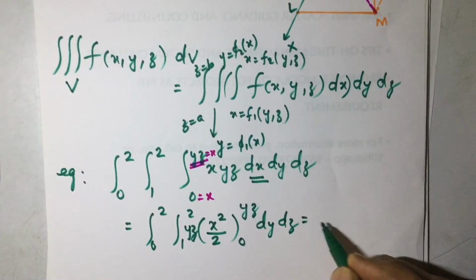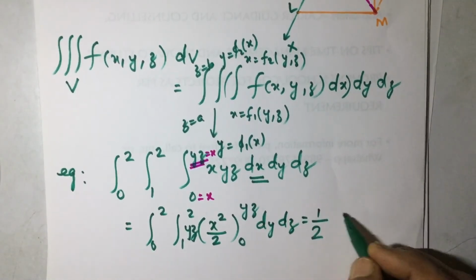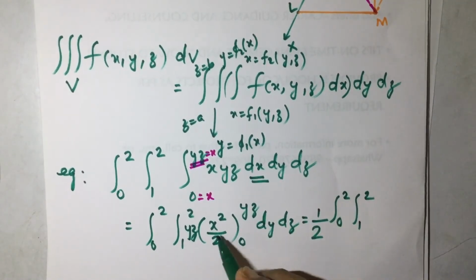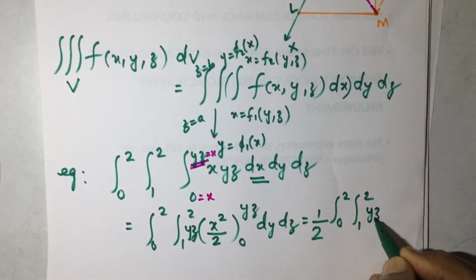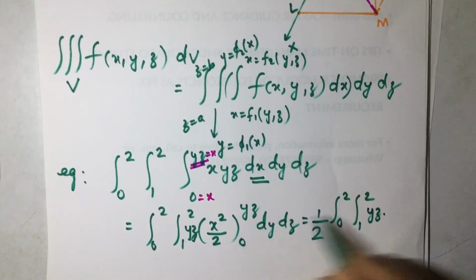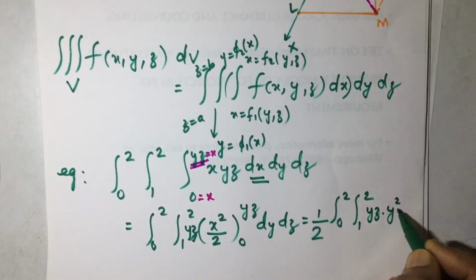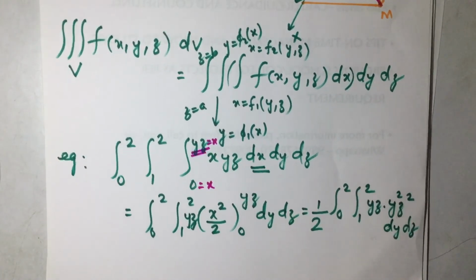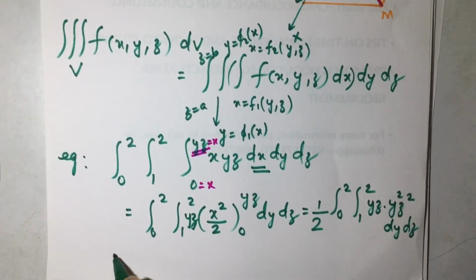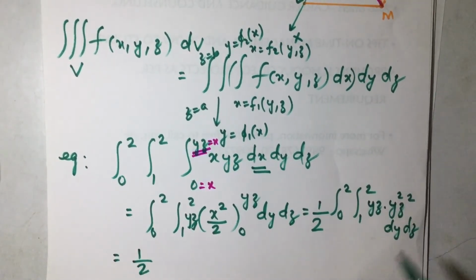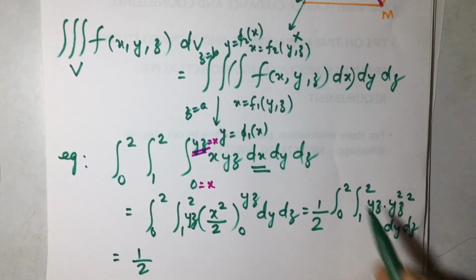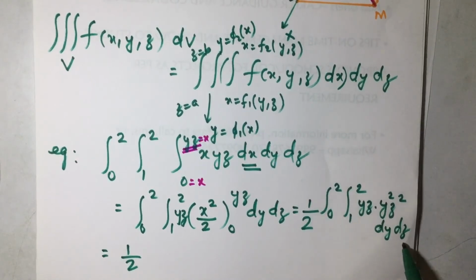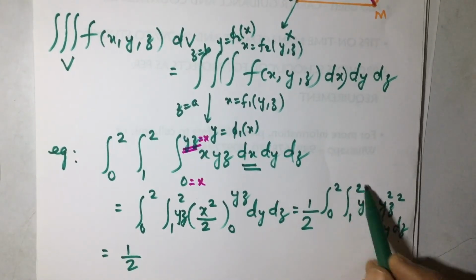Now that is equal to 1 by 2, which is constant, 0 to 2, 1 to 2, upper limit yz into upper limit yz, the whole square, meaning y square z square dy dz. Okay, now you will integrate this with respect to what? Here 1 to 2 and 0 to 2 are both constants, so you can integrate with respect to either y or z.